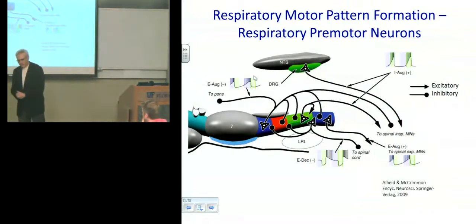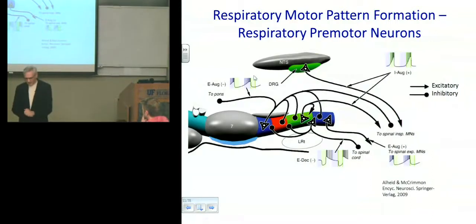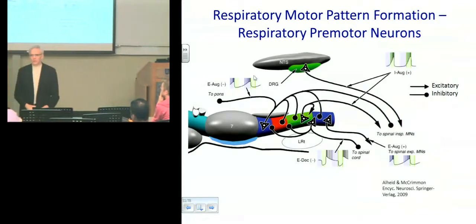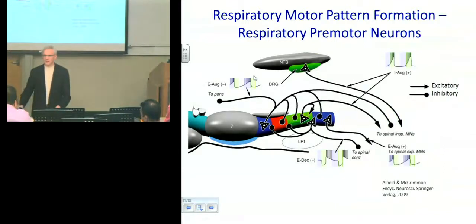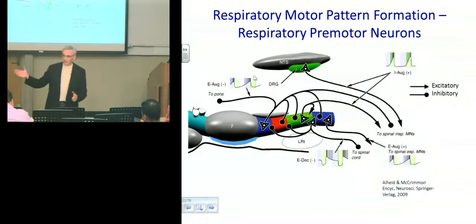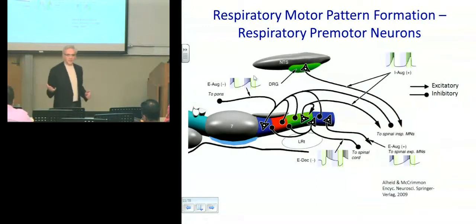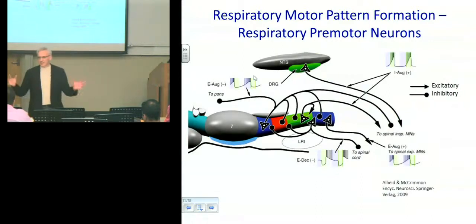So I think the answer to that question is in the eye of the beholder a little bit, and depends on what you're going to use to define the different populations. If you go on a strict classification system based on discharge patterns in an in vivo animal as opposed to an in vitro slice, you typically come out with approximately 6 different subgroups of respiratory neurons.